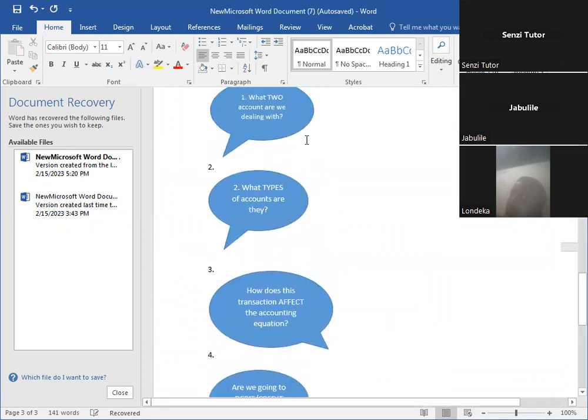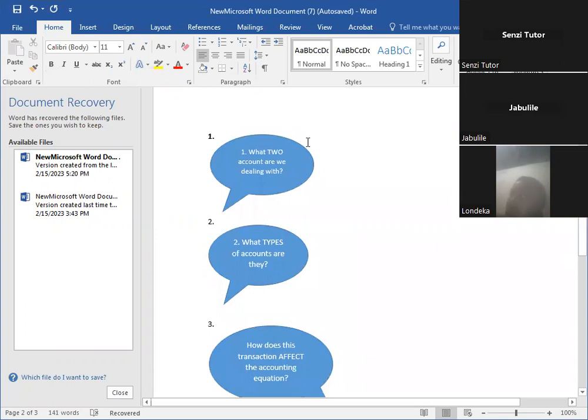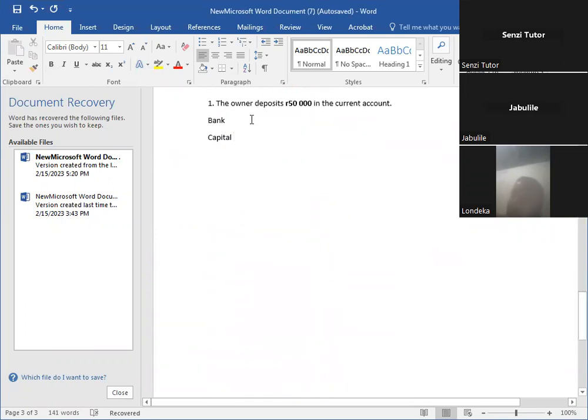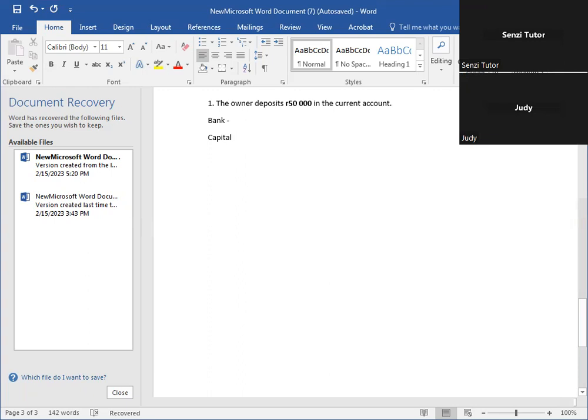Right. The second question: what types of accounts are they? We need to name them according to the elements of financial accounting. We know we have owner's equity, assets, and also liabilities. What about a bank?